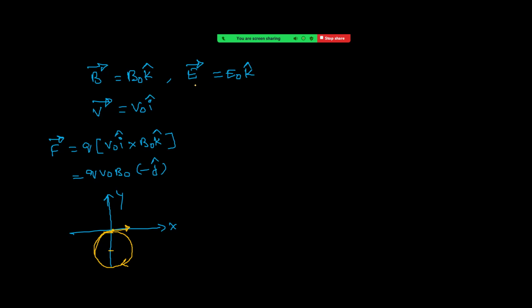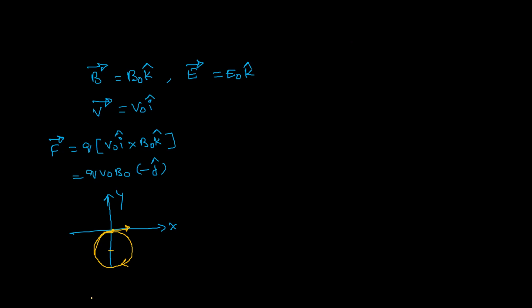Since the velocity component is increasing, its pitch will increase. That's why it is a helical path with non-uniform pitch. Or you can say it is a helical path with increasing pitch because its velocity component along the field keeps on increasing. That's why the pitch keeps on increasing. It is now a helical path with increasing pitch.